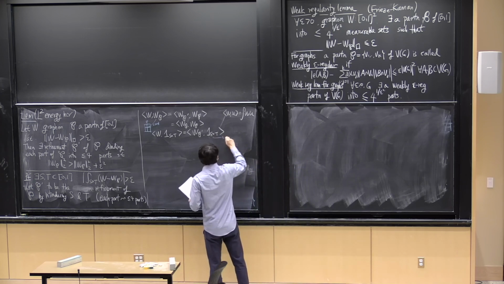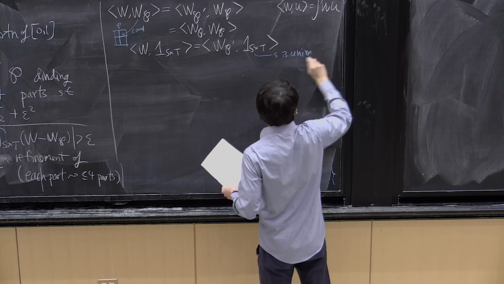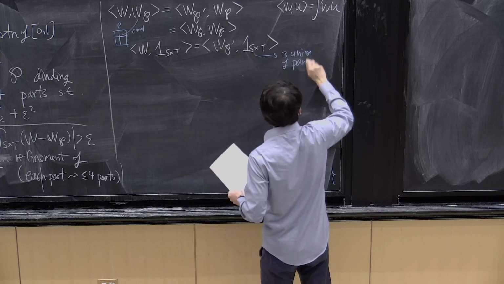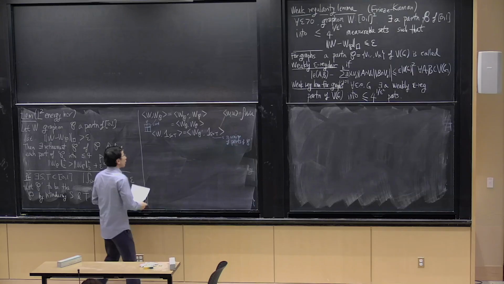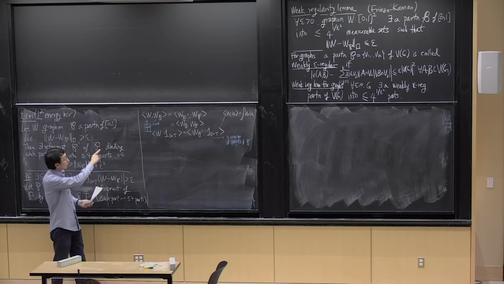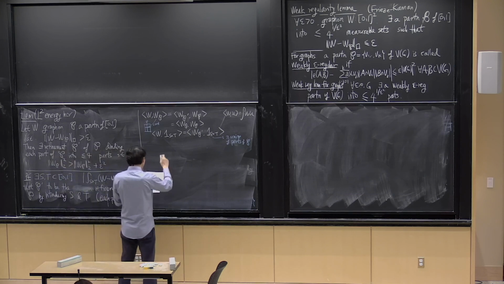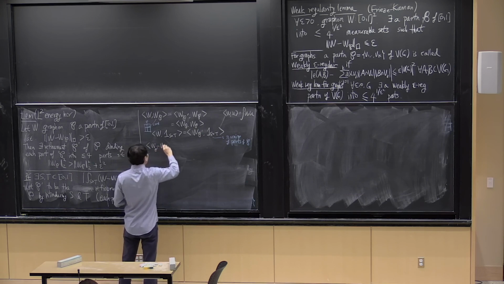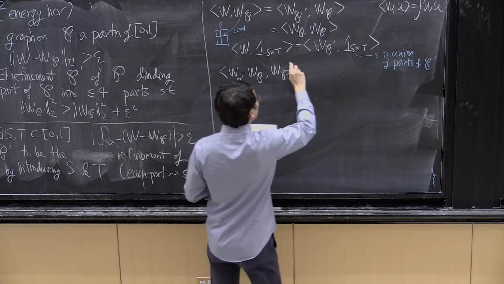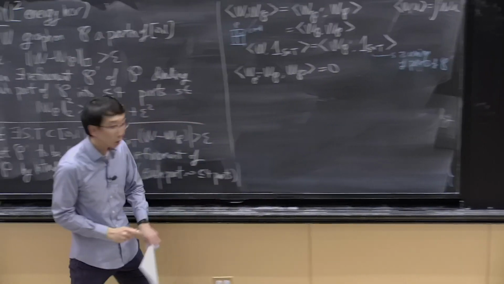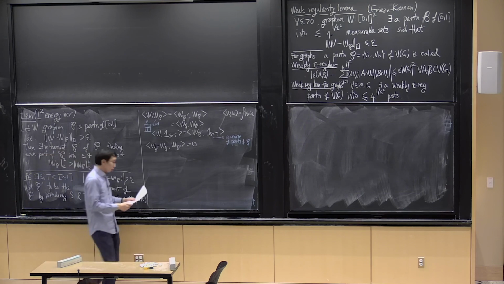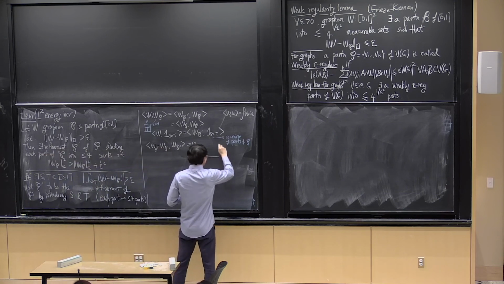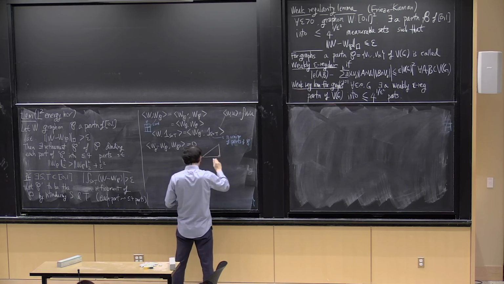So S is a union of parts of P prime. Okay, so with those observations, you find that this is true, just from the first equality. So now let me draw you a right triangle.